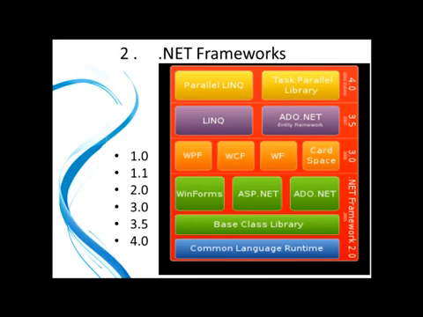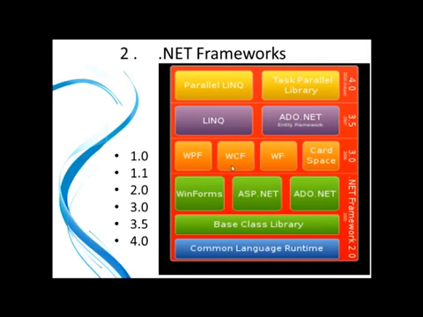Now, the base class library is just a subset of the framework class library, and the framework class library includes these WinForms classes, ASP.NET classes, and the ADO.NET classes. When 3.0 came out, we had the Windows Presentation Foundation, which enhanced the graphics that you could use using 3D graphics and so forth.